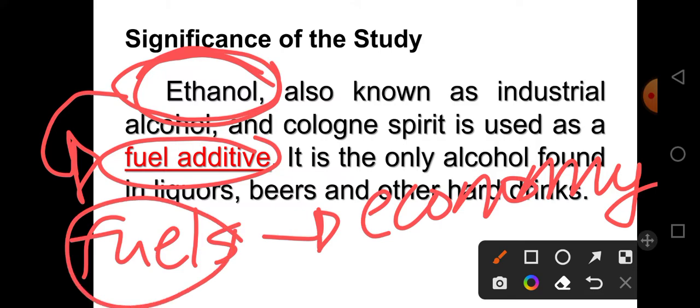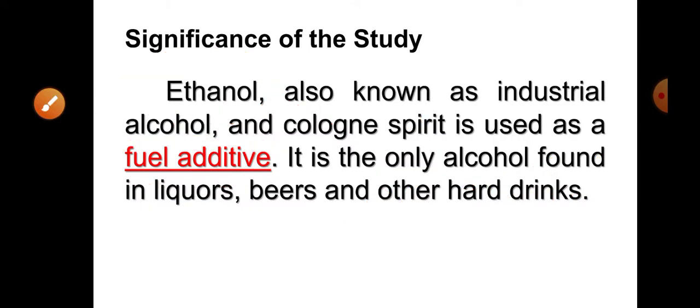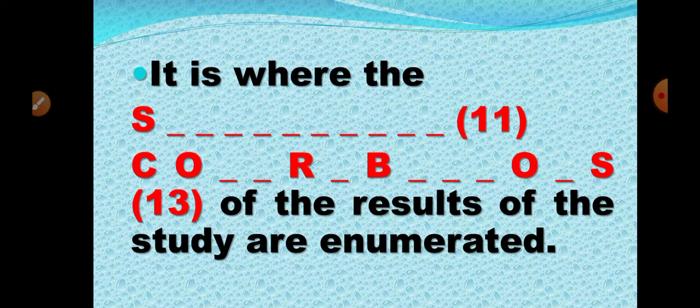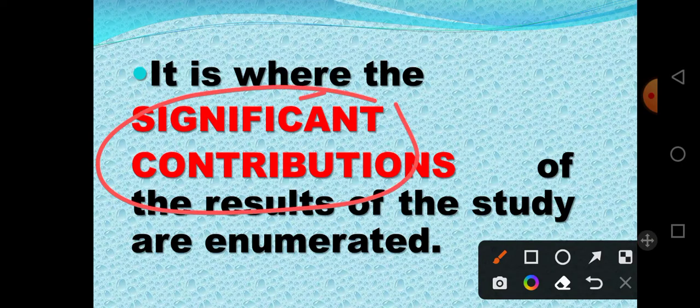Meaning to say, class, we highlighted here the significant contribution of ethanol in our economy as a source of fuel or as a fuel additive. Therefore, what is the first guideline in writing the significance of the study? In your significance of the study, you must enumerate the significant contributions of the results of the study. You must indicate the significant contributions of your findings.